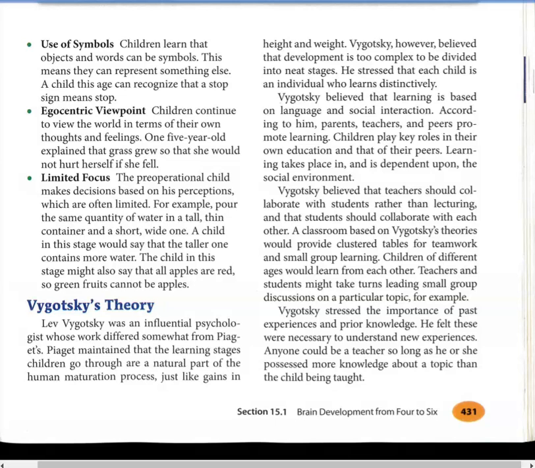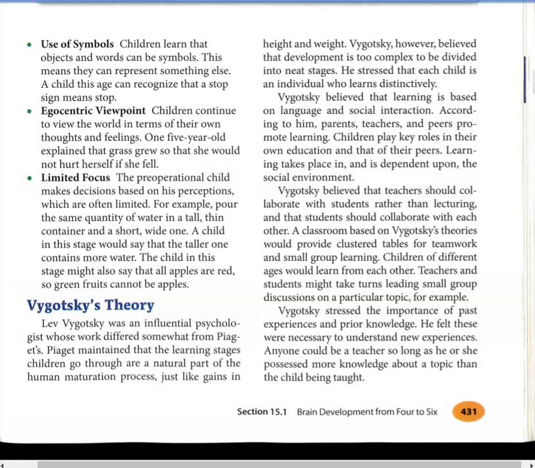But Vygotsky thought learning and development is too complex to be divided into these neat stages. So he is really stressing that children are learning at an individual rate, and they're going to learn very distinctively in that individual rate. So they're going to learn based on language and social interactions, and the children are going to play a key role in their own education and teaching their peers as well, right?